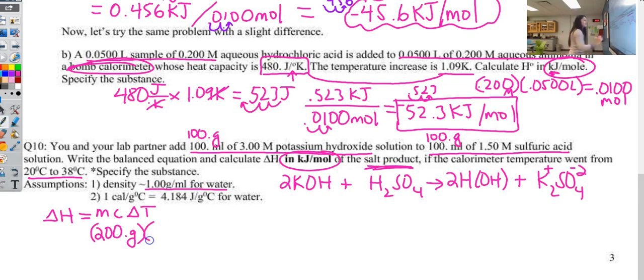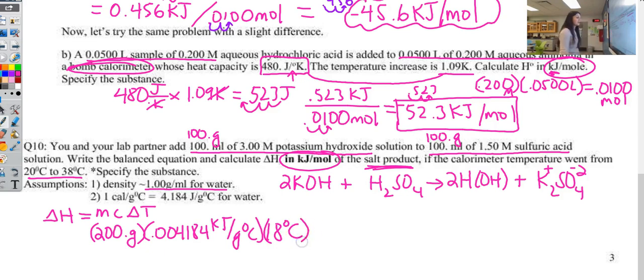So now the specific heat, let's use the kilojoule value. 0.004184 kilojoules per gram degree Celsius. And my temperature change, so from 20 to 38, which means it's 18 degrees Celsius. And we know that it increased. So all I'm going to do is multiply these 3 together, and I get 15.06.